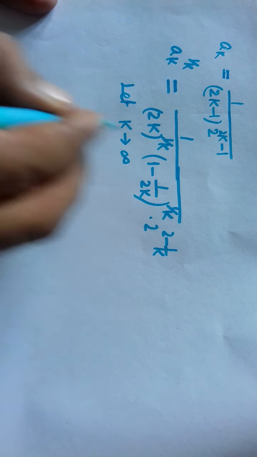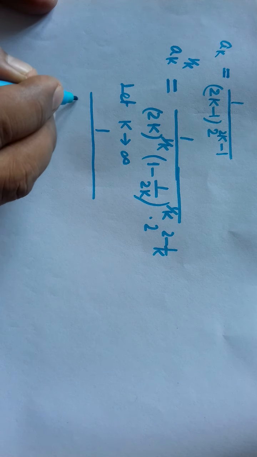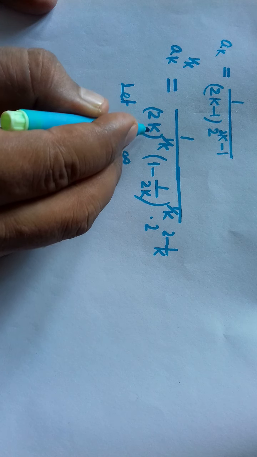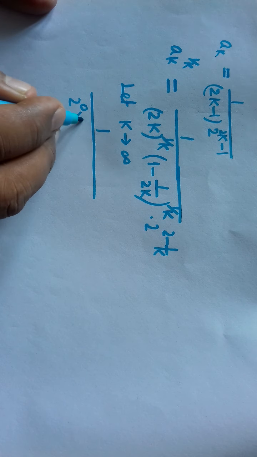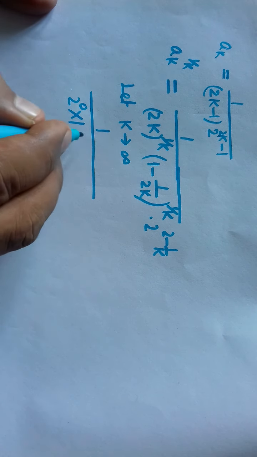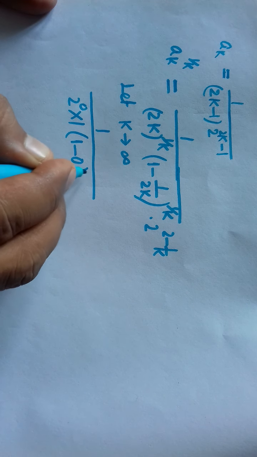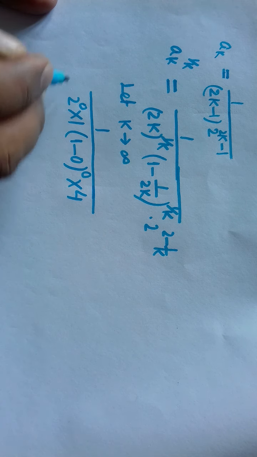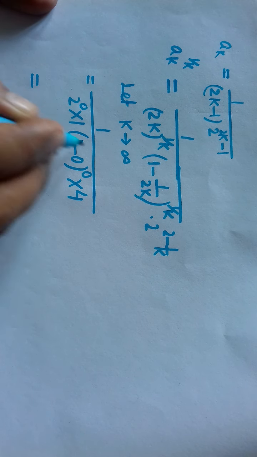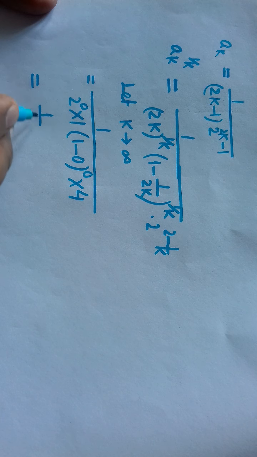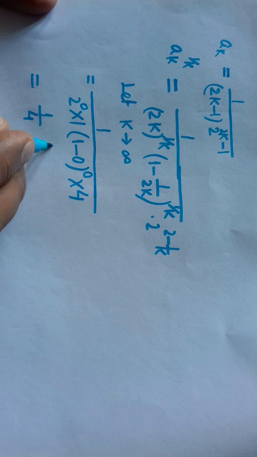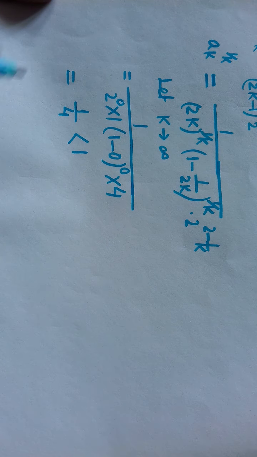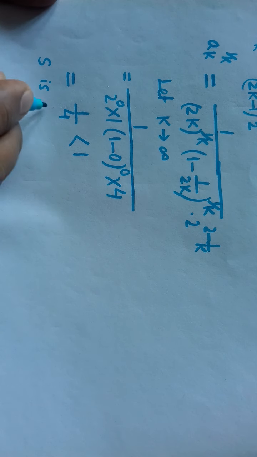So 1 by 2 to the power 1 by k means 0, and k to the power 1 by k is 1, and this thing 1 minus 0 to the power 0 into 4, and this whole thing will be 1 by 4, which is less than 1. So the first series, that is S, is convergent.